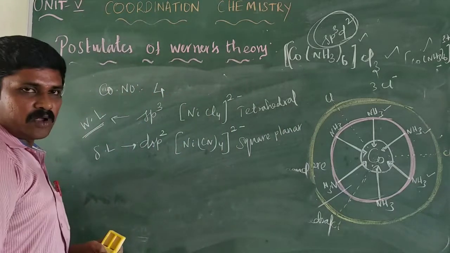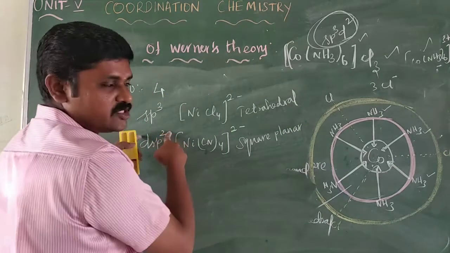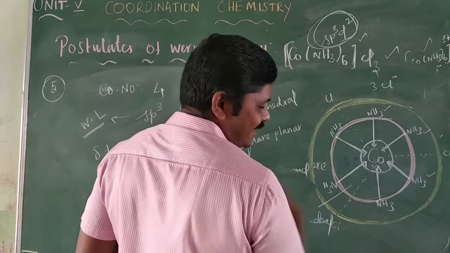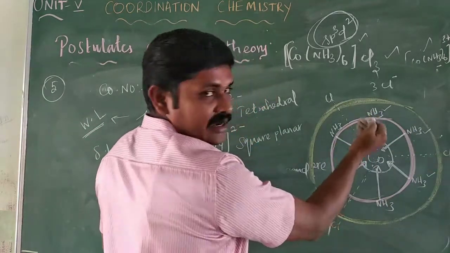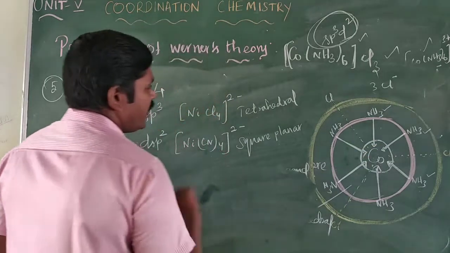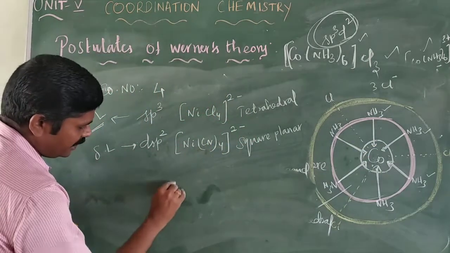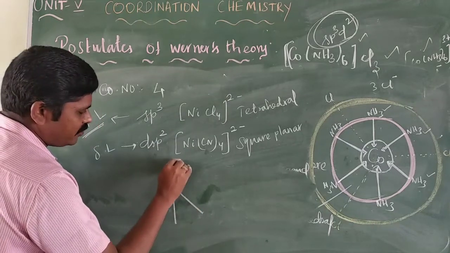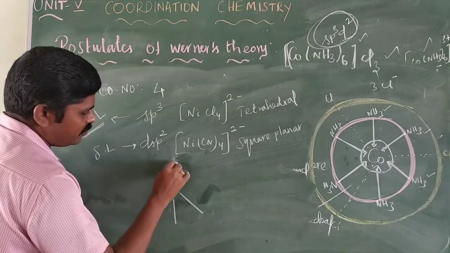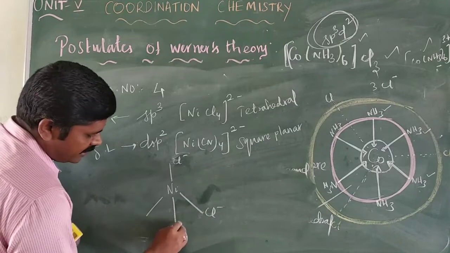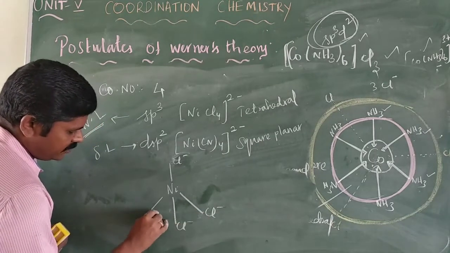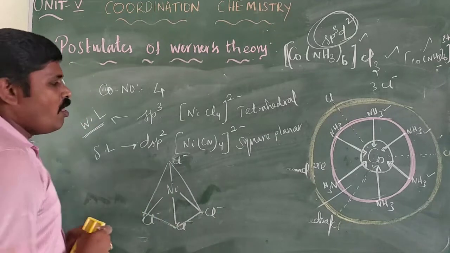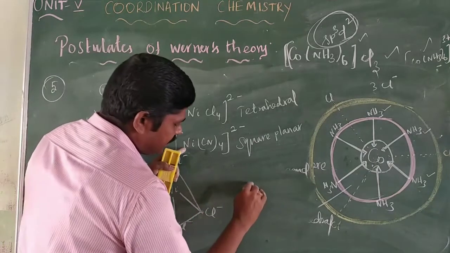The geometry of the complex is determined by the three-dimensional spatial arrangement of the ligands in the complex. So nickel with four Cl minus gives a tetrahedral complex.